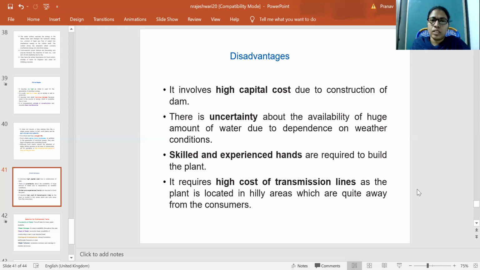So skilled experienced hands are required for this complete plant location and installation, and it requires high cost of transmission lines also, because these are located in hilly areas and consumer premises are far from this location, so the transmission line cost also increases.